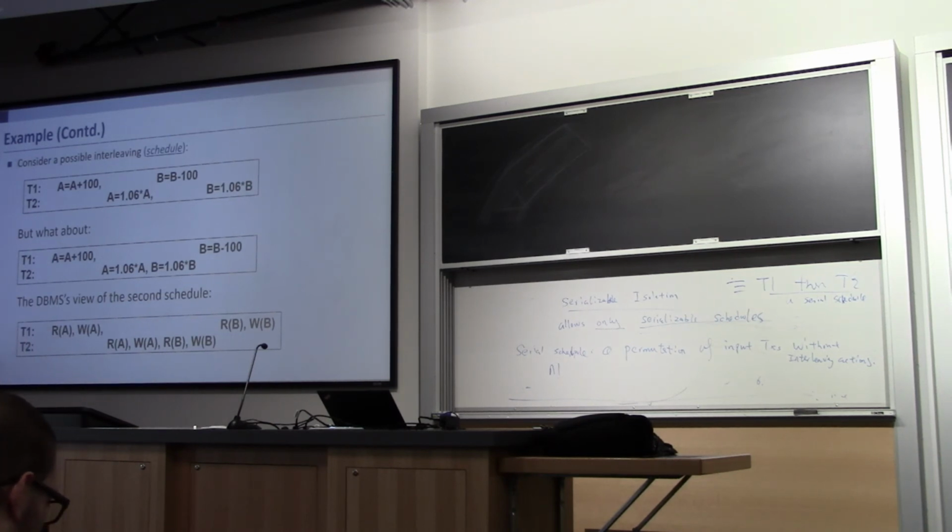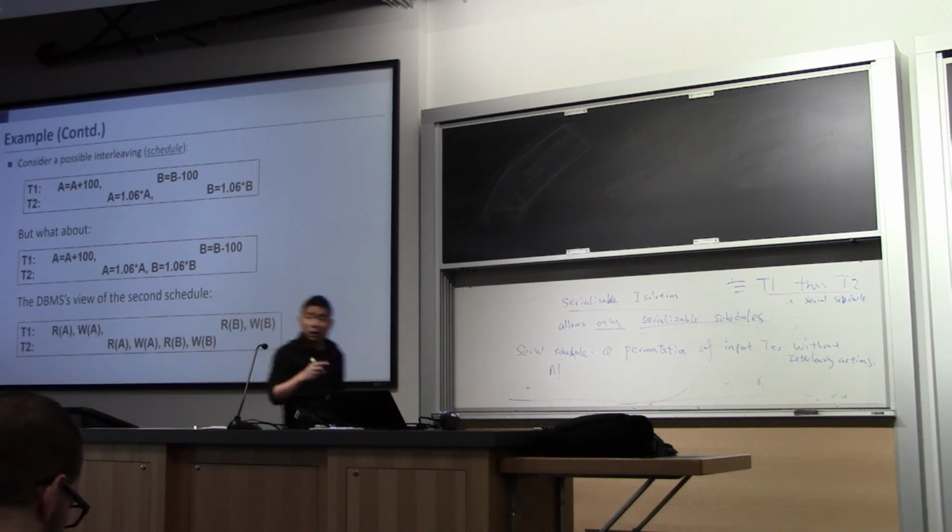Why is that? Can someone explain why this is not a serializable schedule? Because of B. Yes, but from the definition of serializable schedule, can you explain why? Because it's not equivalent to any of the serial schedules.